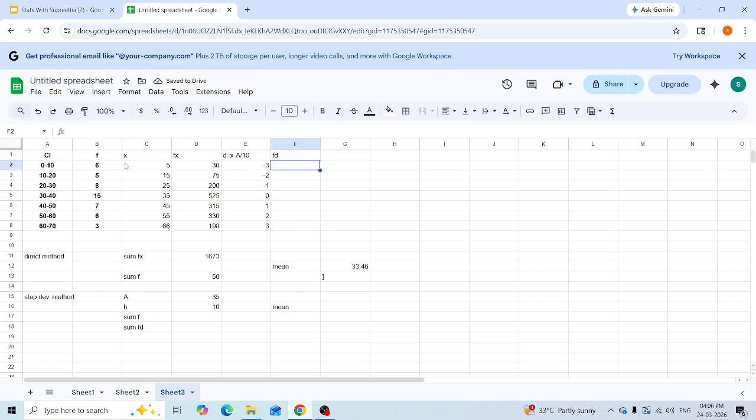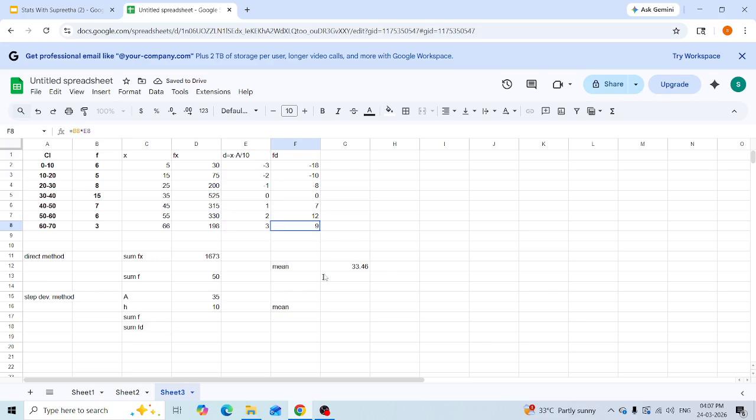Let's find fd, frequency into d. Frequency is 6 into d, that is minus 18. We need the sum of fd.